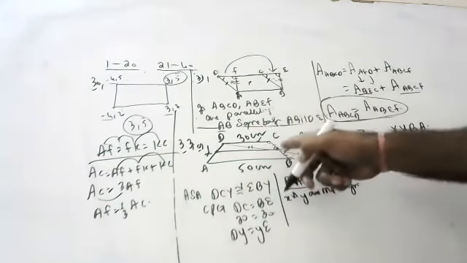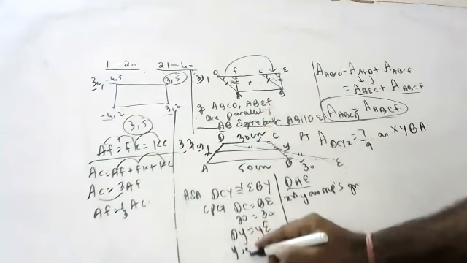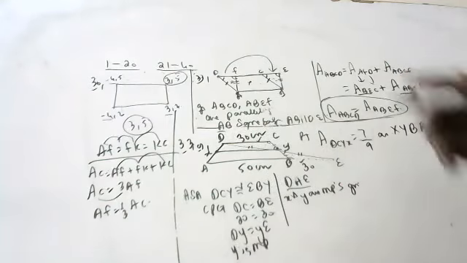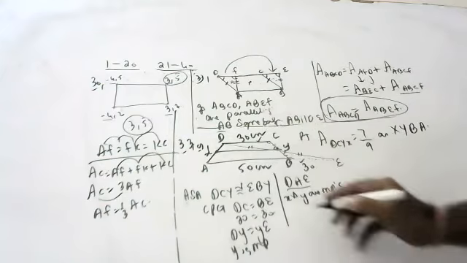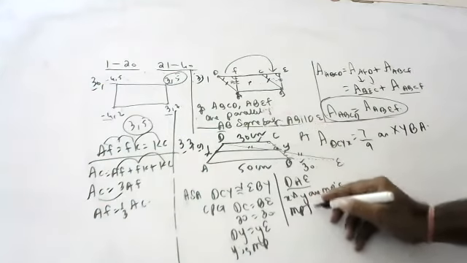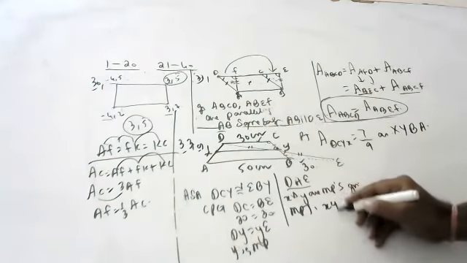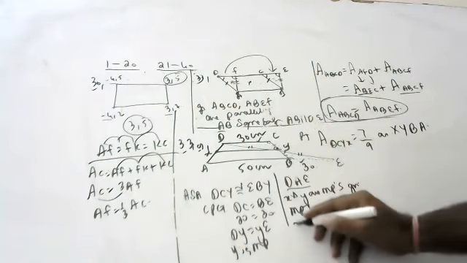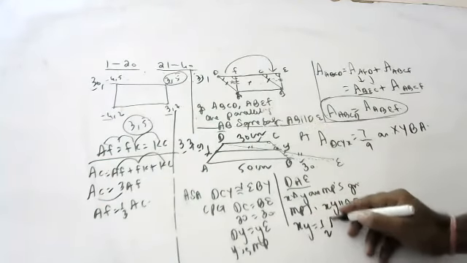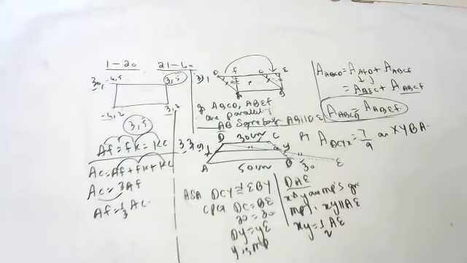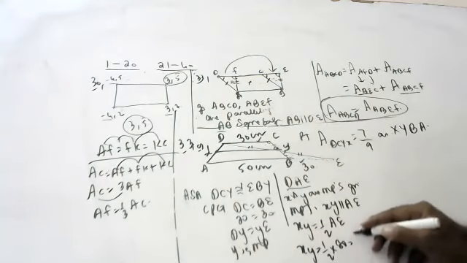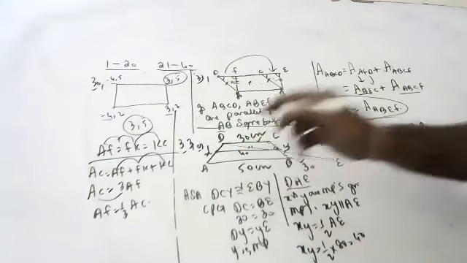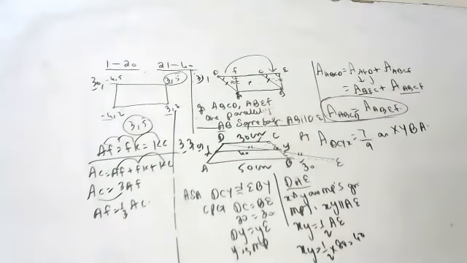Y is the midpoint of DE. So X and Y are midpoints, children. By the midpoint theorem, what can I say? XY is parallel to AE and XY is half of AE. AE is 80, so half is 40. So XY is 40, children. Till now, anyone have any doubt?